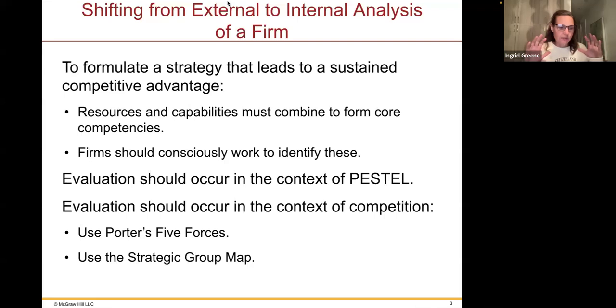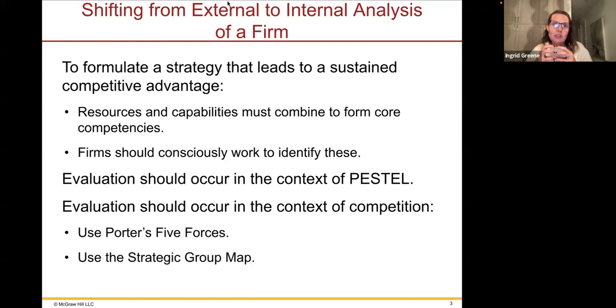We're going to look at an exhibit here in just a minute, in the context of your PESTLE. So what's happening in the political and economic arena, et cetera. You should also look at it using Porter's five forces, which we looked at earlier, which is all about what's happening in your industry. And going deeper, look at your strategic group map.